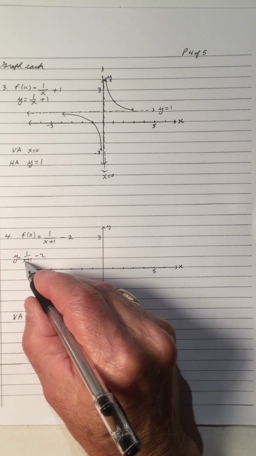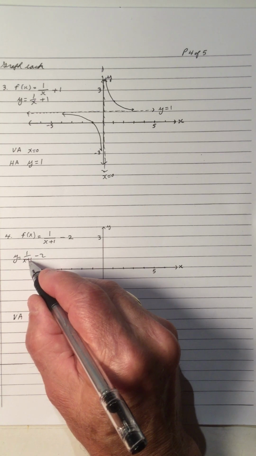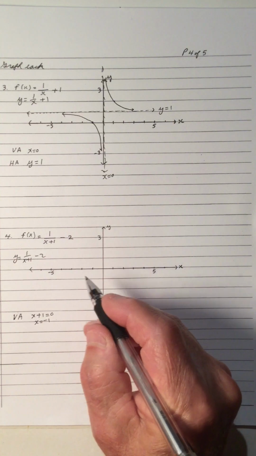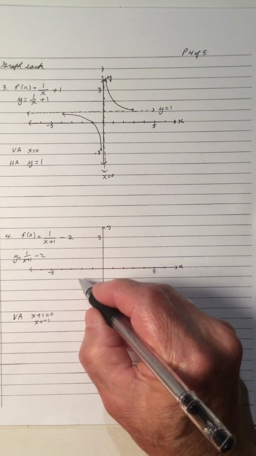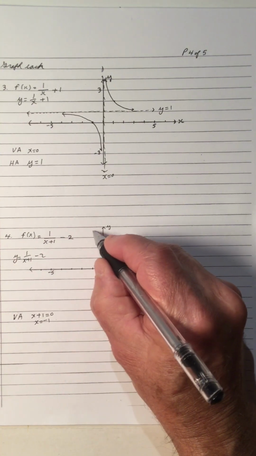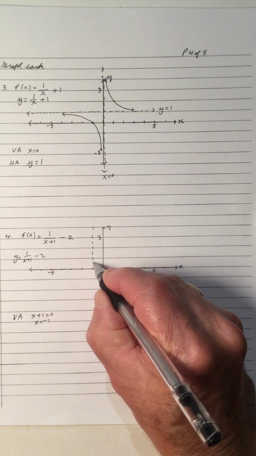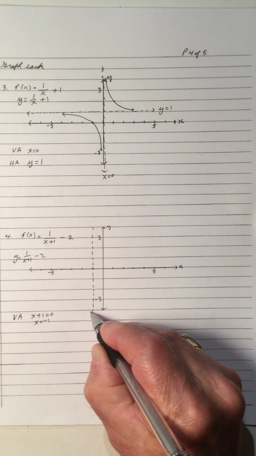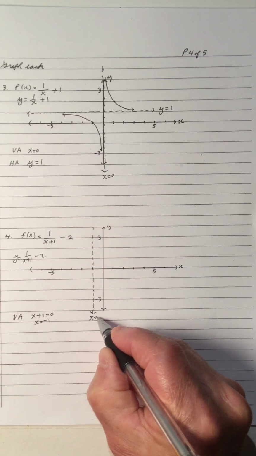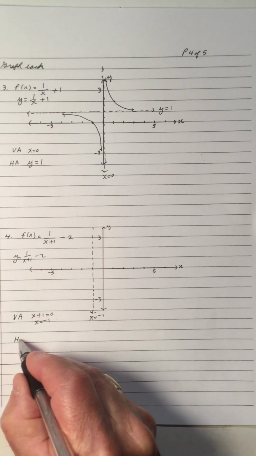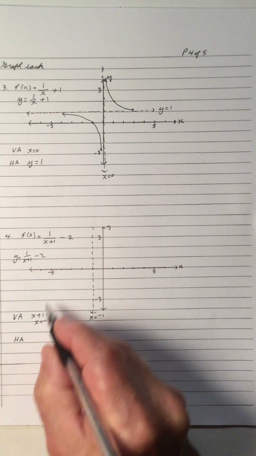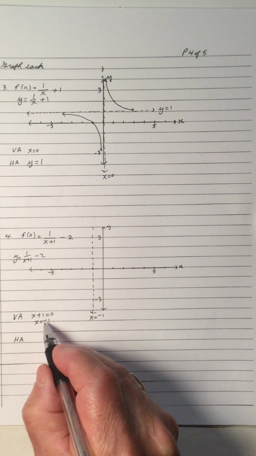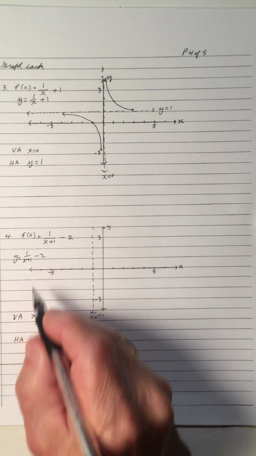So x can't be negative 1. The vertical asymptote is at negative 1, so down through here is the vertical asymptote, at x equals negative 1.